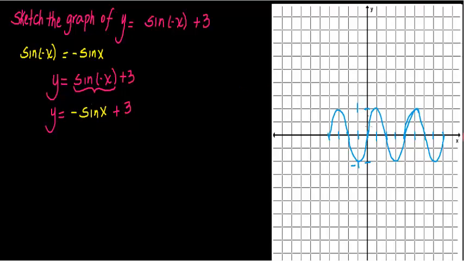That means, let me change colors, that I'll start at 0, and whatever's above the x-axis is now below the x-axis. And there's your reflection across the x-axis.